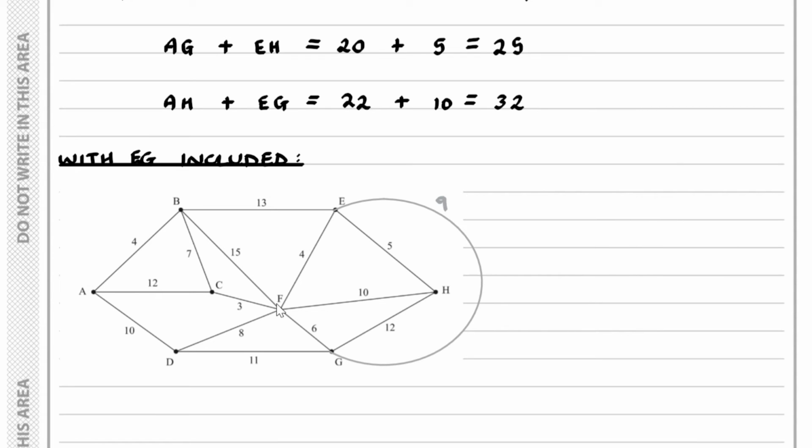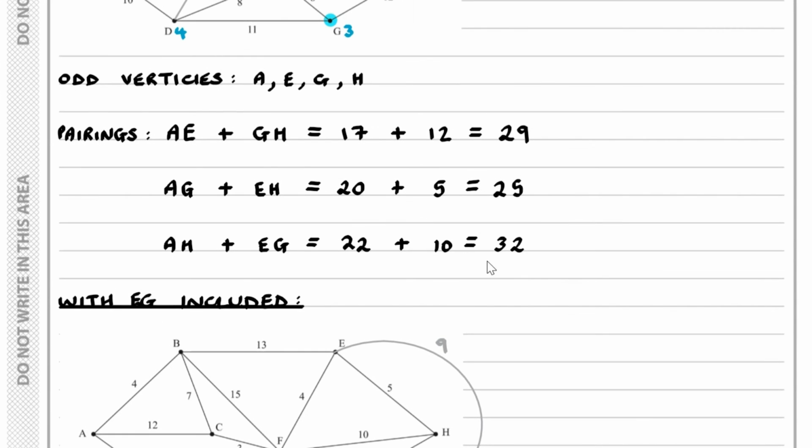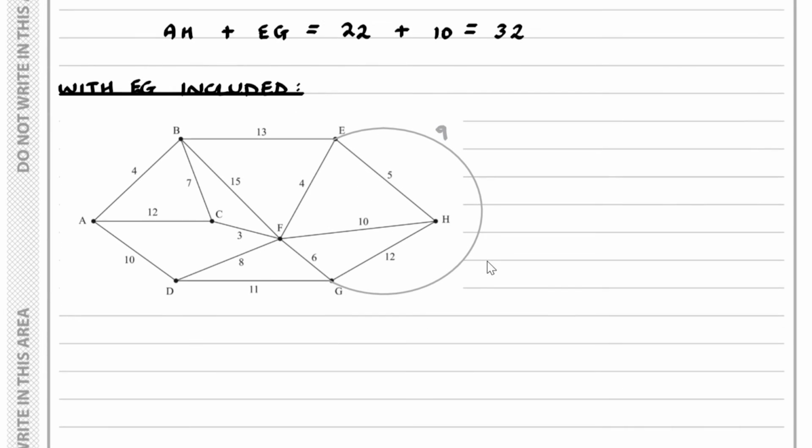Now with EG included, as before, what we need to do is find the odd vertices. First of all, we see that A has got 3, B has got 4, C has got 3, D has got 3, F has got 1, 2, 3, 4, 5, 6, E has got 4, H has got 3, G has got 3.